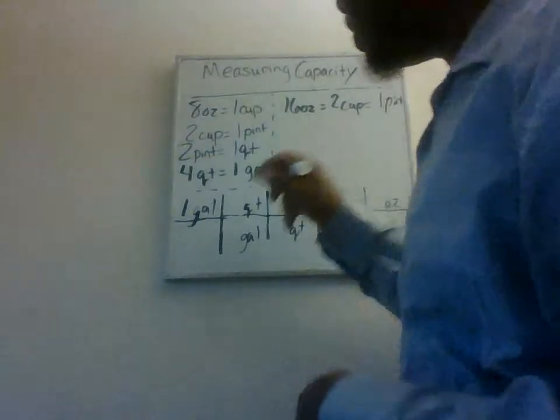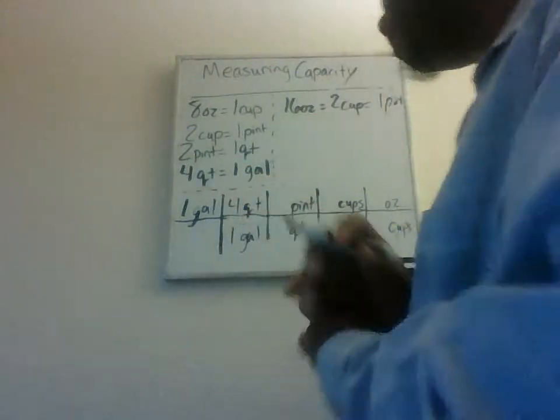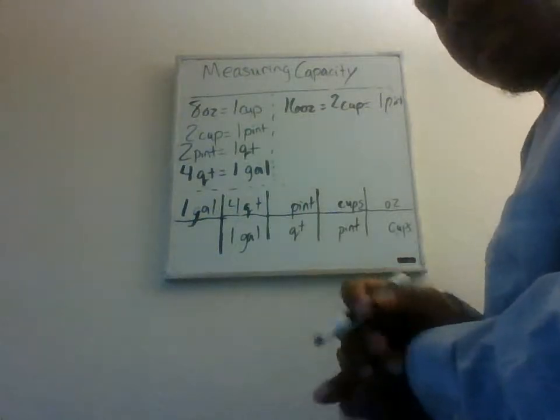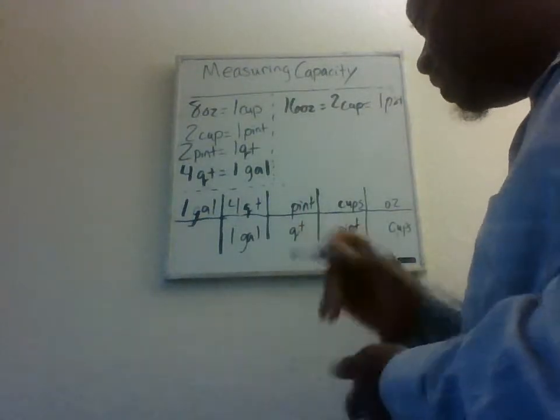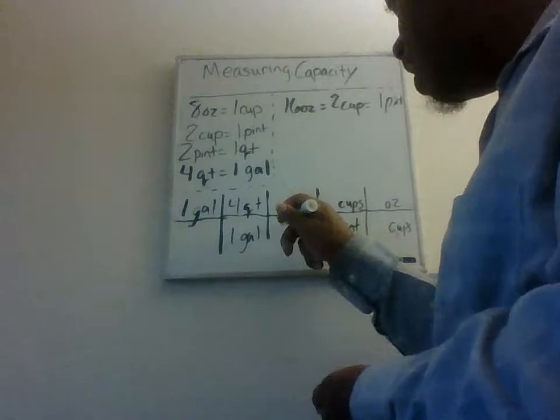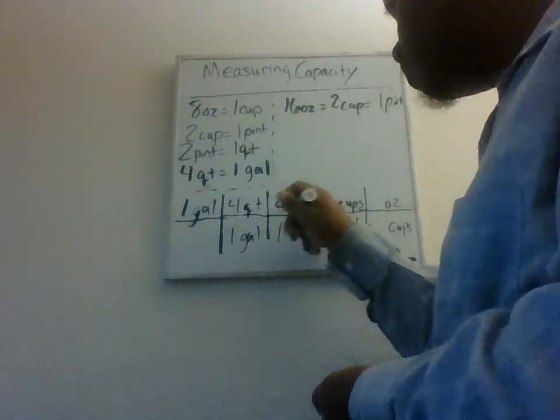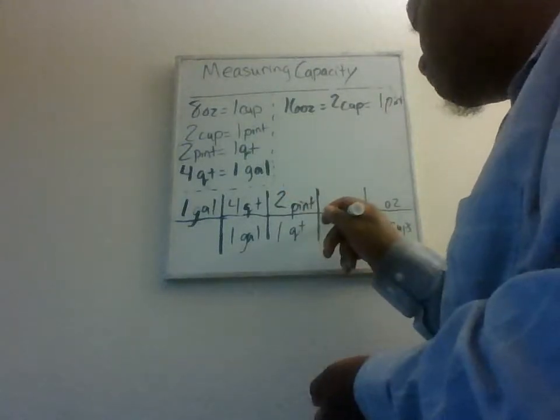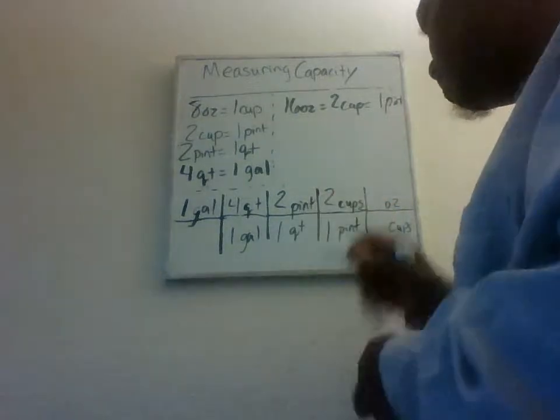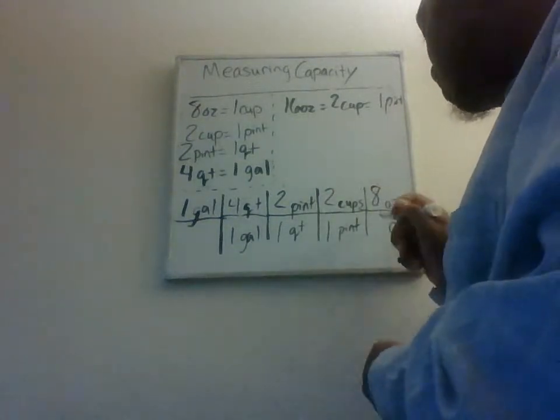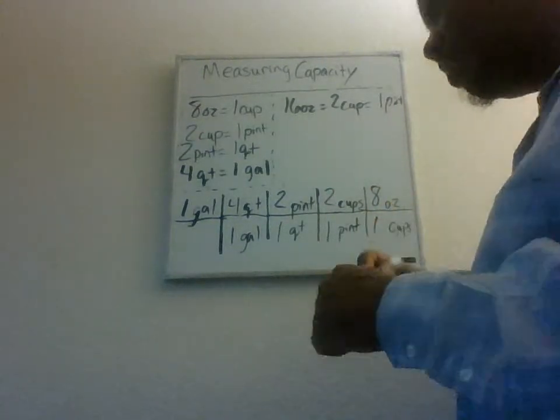So we know that 4 quarts equals 1 gallon. So we're just writing our conversion factors. That's how we usually do this. We also know that 2 pints is 1 quart. We know that 1 pint is 2 cups. And 8 ounces is going to equal 1 cup.